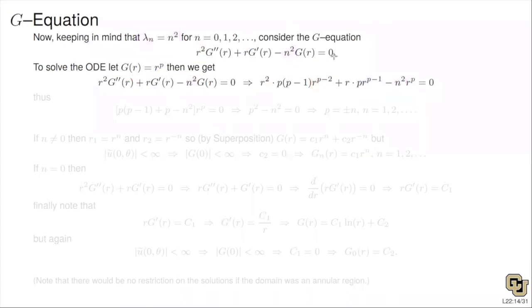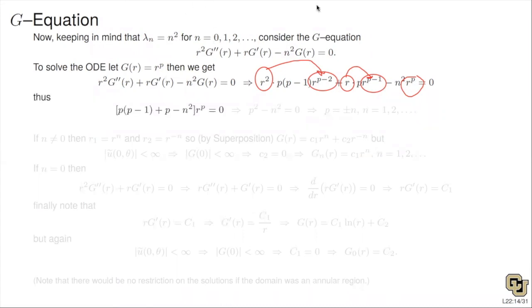So now if you do the multiplication, if I combine this R squared with R to the P minus 2, R times R to the P minus 1, you get a common term. They all just become an R to the P. So then you have an R to the P as this common term that we can factor out.